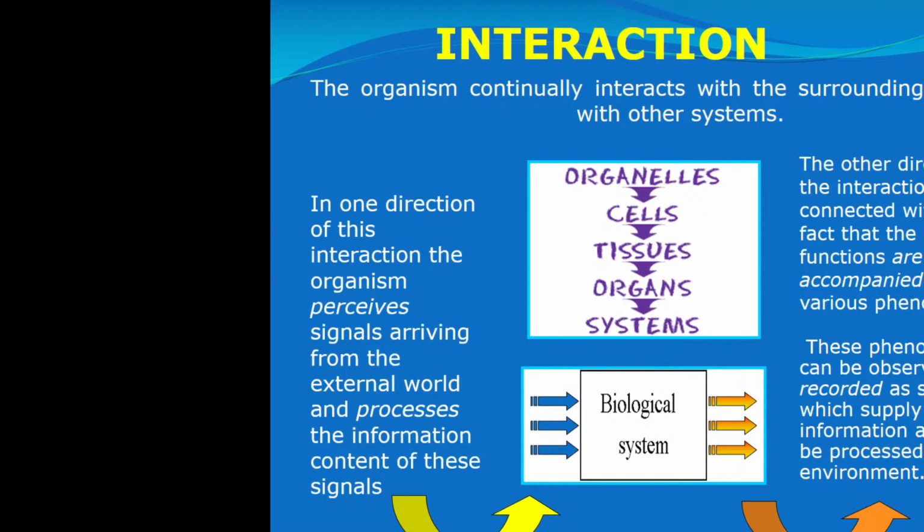The other direction of the interaction is connected with the fact that the life functions are accompanied by various phenomena. These phenomena can be observed and recorded as signals which supply information and may be processed by the environment.